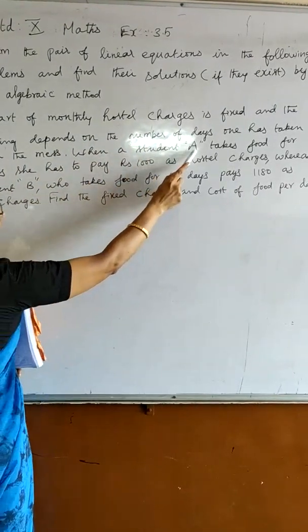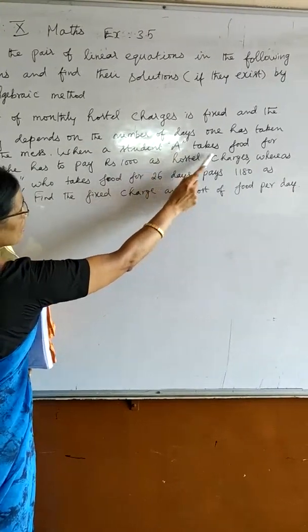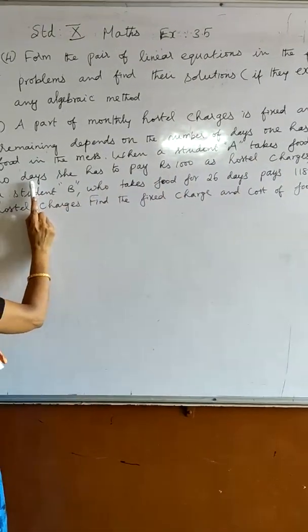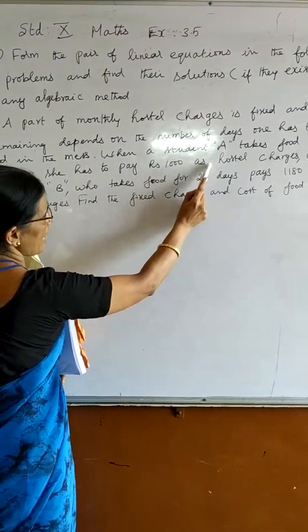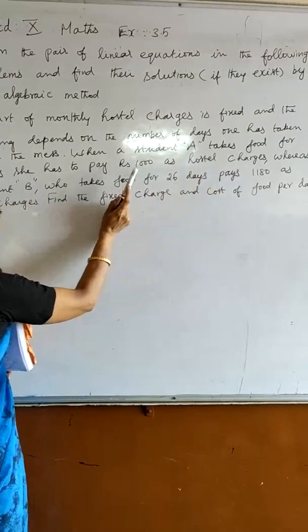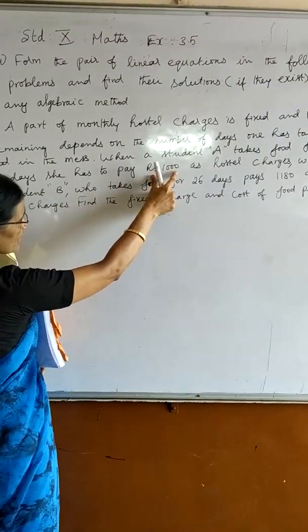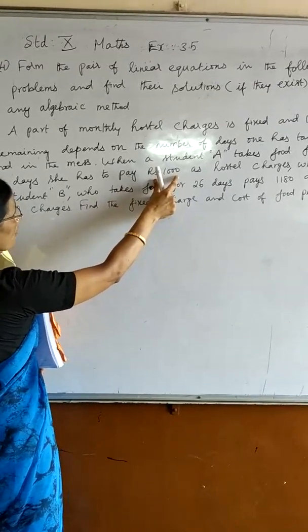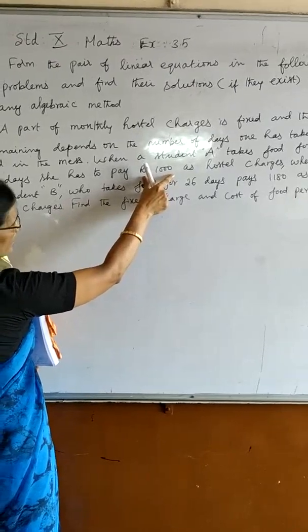When a student A, the first student here is named as A, takes food for 20 days, she has to pay ₹1000 as hostel charges. So this ₹1000 includes fixed charge and the food charge for 20 days.